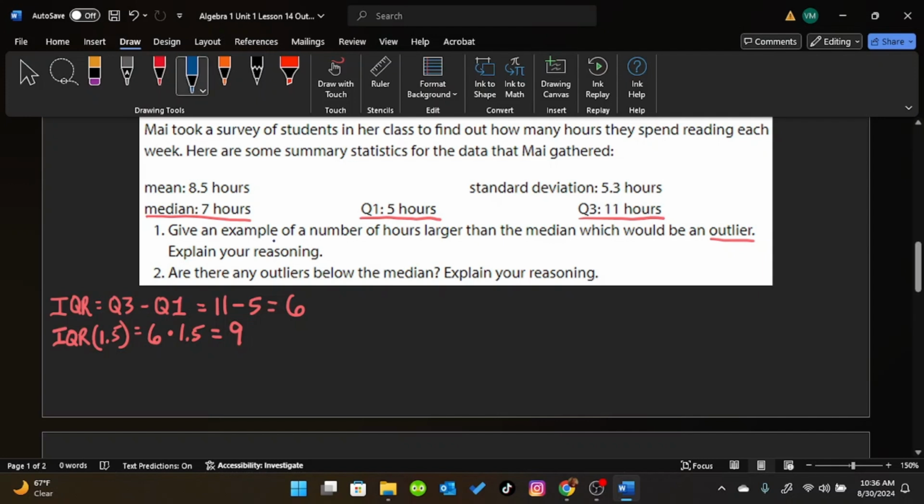So for number 1, we are going to take Q3 and add the IQR times 1.5. Q3 is 11, and we just said our IQR times 1.5 is 9. So that equals 20.